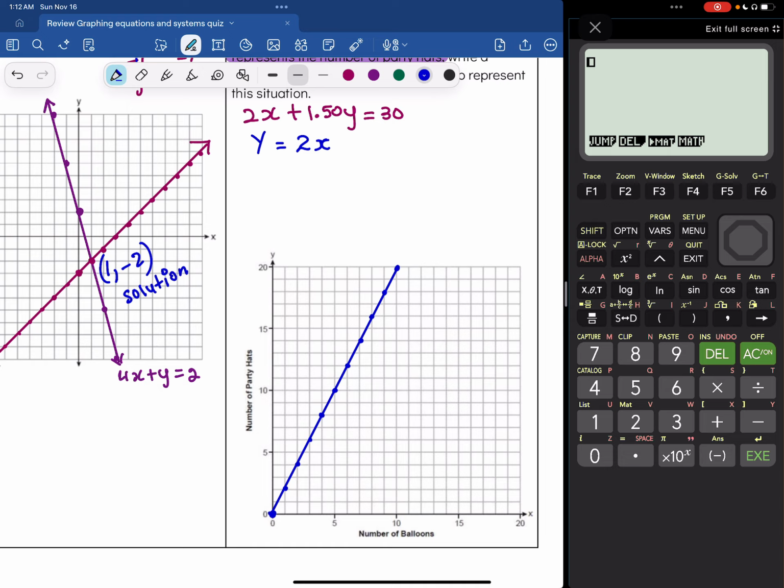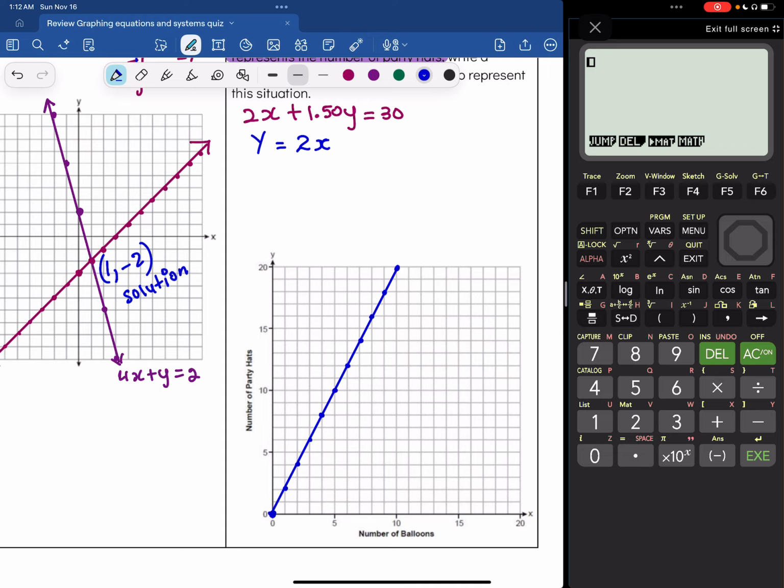At some point, I'm gonna run out of money. Not me, she's gonna run out of money. So this line has to stop right here, where the graph is ending. So don't put arrows on a line that has a constraint in the equation, right? If it's equal to a value like this is equal to 30, the line would not carry arrows.